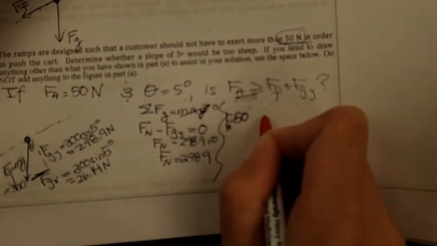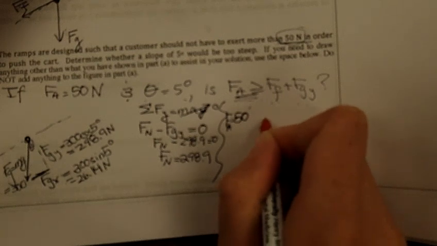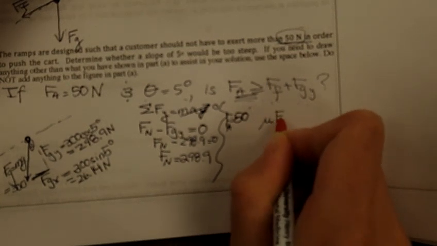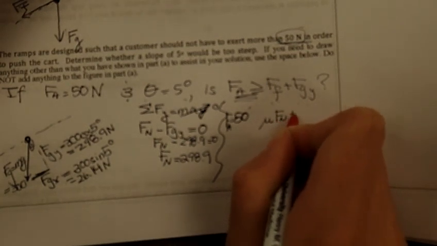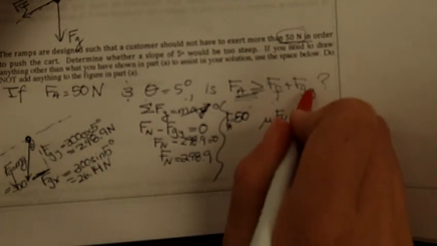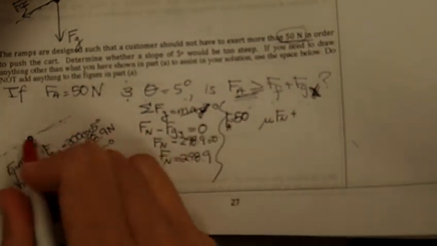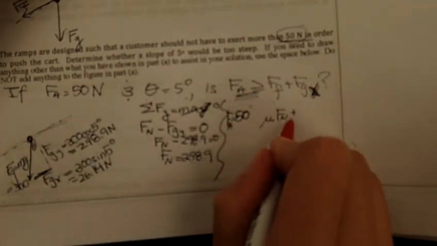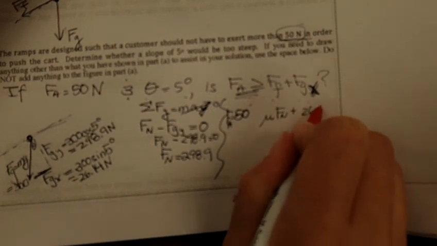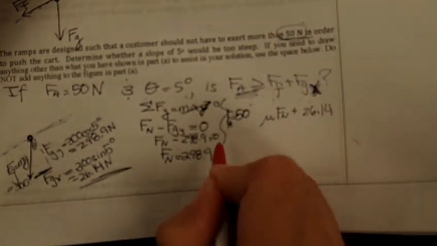Okay, so we know that Ff plus Fgx is going to be mu times Fn plus, and that should be Fgx because that's up and down the hill, plus 26.14, which we found over here.